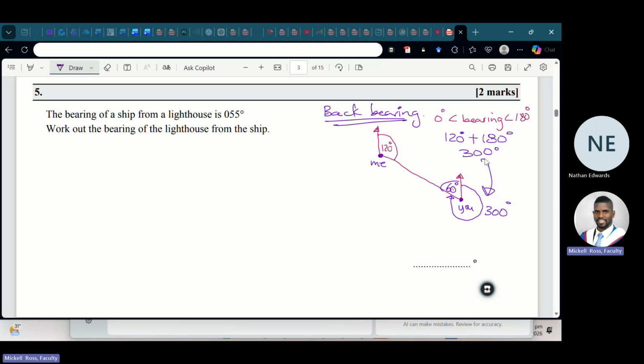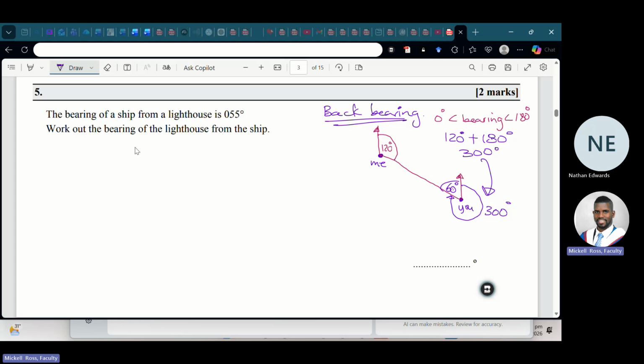So that is how back bearing works. If the first bearing, me looking at you, is less than 180, to get the back bearing, all you have to do is add 180.